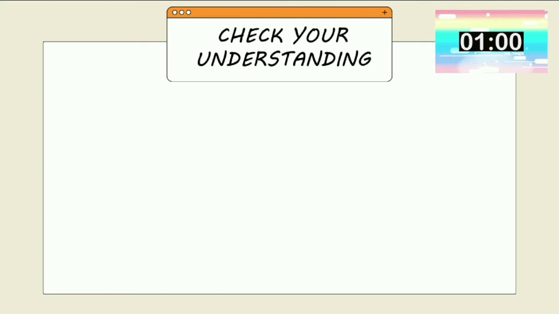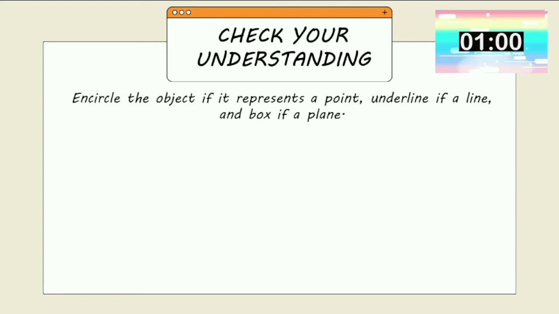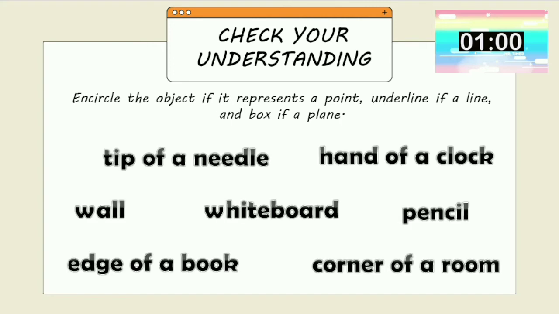Let's begin with geometric terms first. Encircle the object if it represents a point, underline if a line, and box if a plane. Ito yung mga given nating objects: tip of a needle, hand of a clock, wall, whiteboard, pencil, edge of a book, and corner of a room.